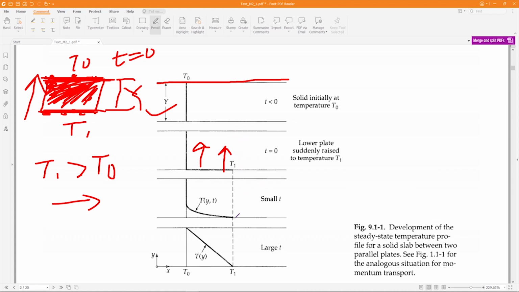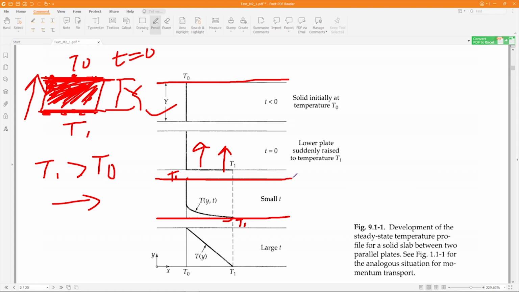You can see this graph, how temperature is changing. After a small interval of time, the profile will look like this. This surface is at T naught temperature, and these points are at T1.